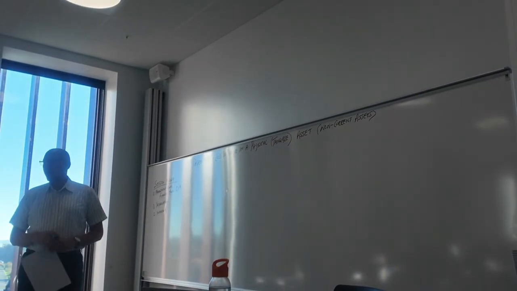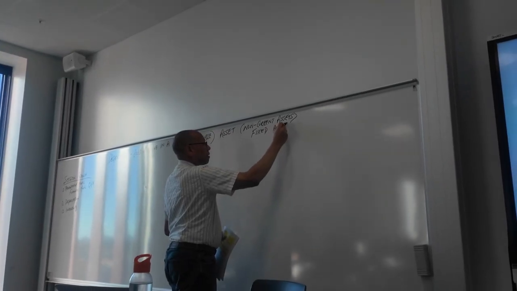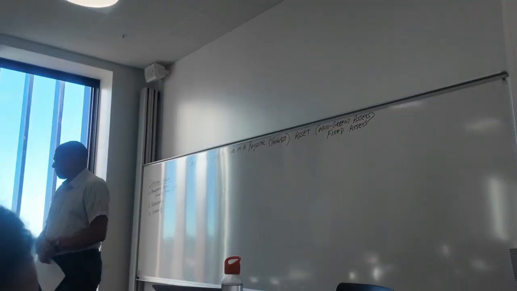And in some literature, we also call these what type of assets? Have you come across another term for these types of assets? Fixed assets, yes, that's what the former term was. And one other term, have you come across any other terms for these types of assets?